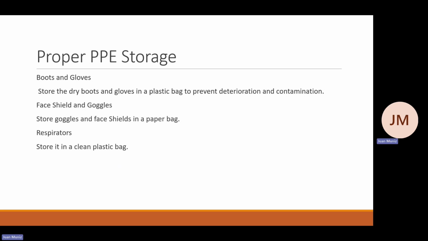Make sure to store goggles and face shields in a paper bag. This is to protect the face shield and goggle sealing material from drying out. It should be stored in a paper bag to allow it to breathe, and then it could be stored in a bigger sealed container.